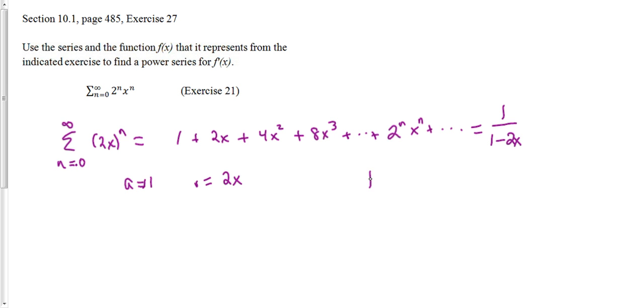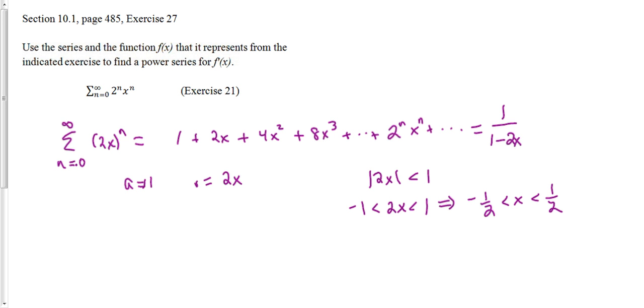So in this case, the absolute value of 2x has to be less than 1. Or we can rewrite this as -1 is less than 2x is less than +1. And if I divide the whole thing through by 2, I'm going to get -1/2 is less than x is less than +1/2. And that's going to be my interval of convergence.